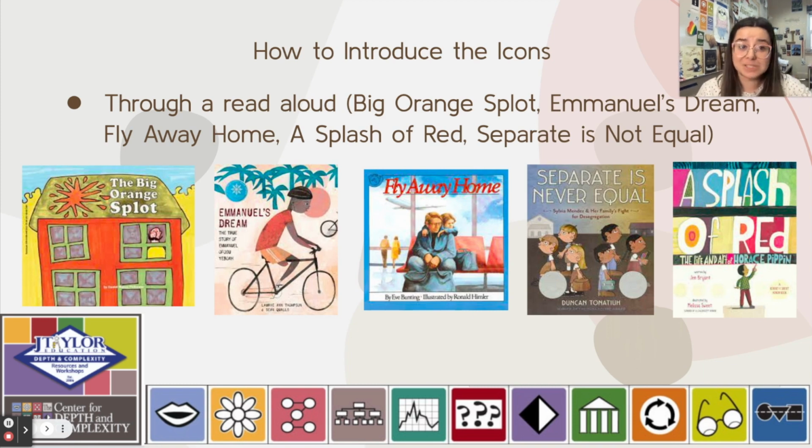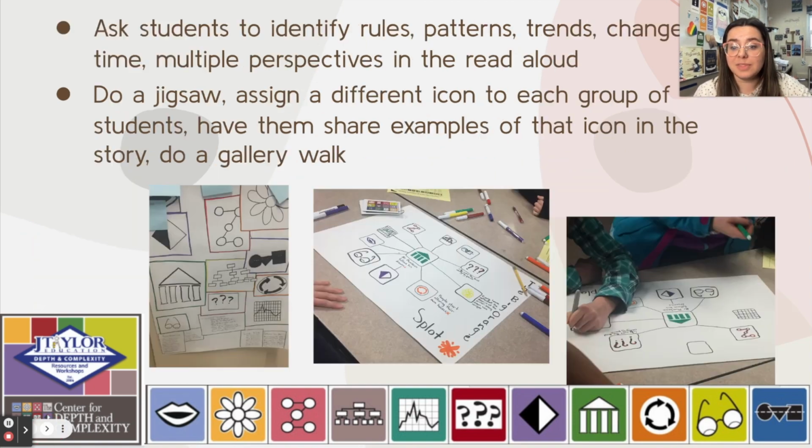Oftentimes, most of these read alouds are found on YouTube, and I will find the video, I will play it for my students, and then you can give a short overview of the icons, what they mean, but then ask students to identify rules, patterns, trends, change over time, multiple perspectives within the read aloud.